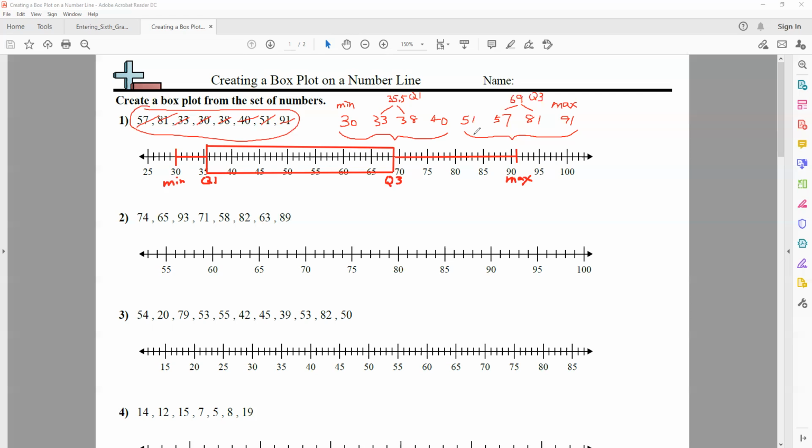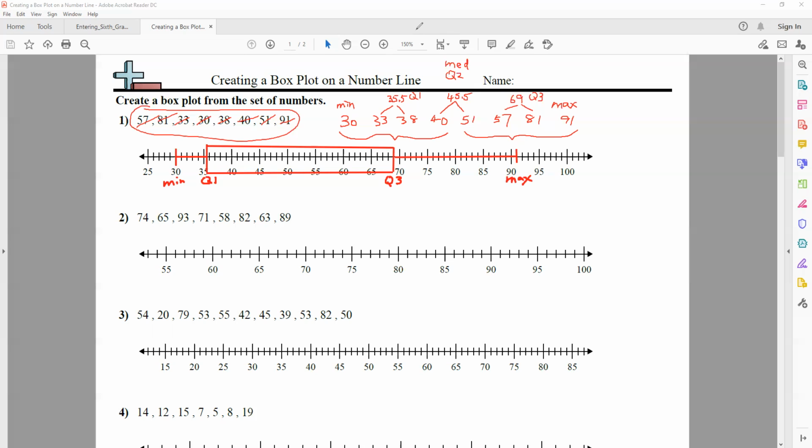Now you're going to find the middle for the whole thing. If you look at it, it looks like between 40 and 51, that would be your Q2, which is also called the median. It's the middle of that set of numbers. So 40 and 51, 40-something point 5. 46 is too big, so 45.5.